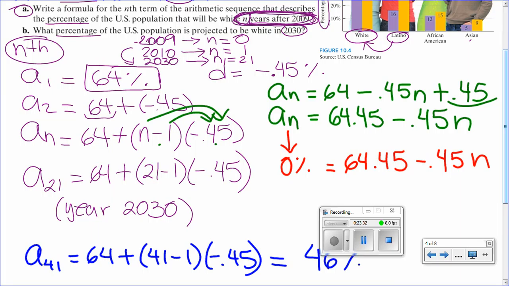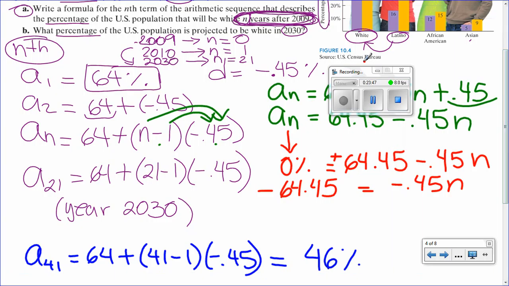So let's see. Here the 64.45 is positive, so if we take that across, it will be negative. That will be there, equals negative 0.45 n. And so right here, the negative 0.45 is multiplying, so we know we need to divide, correct? So can someone divide that for me, please?